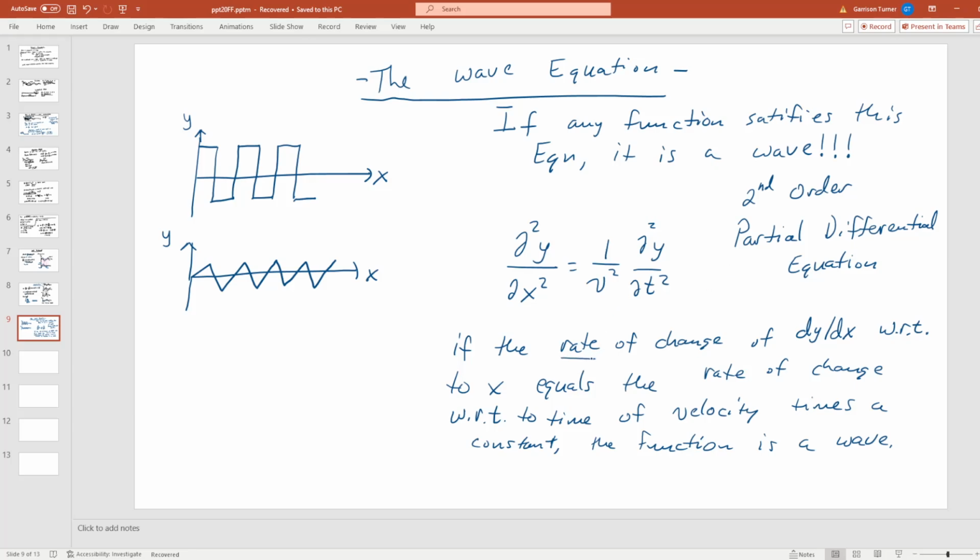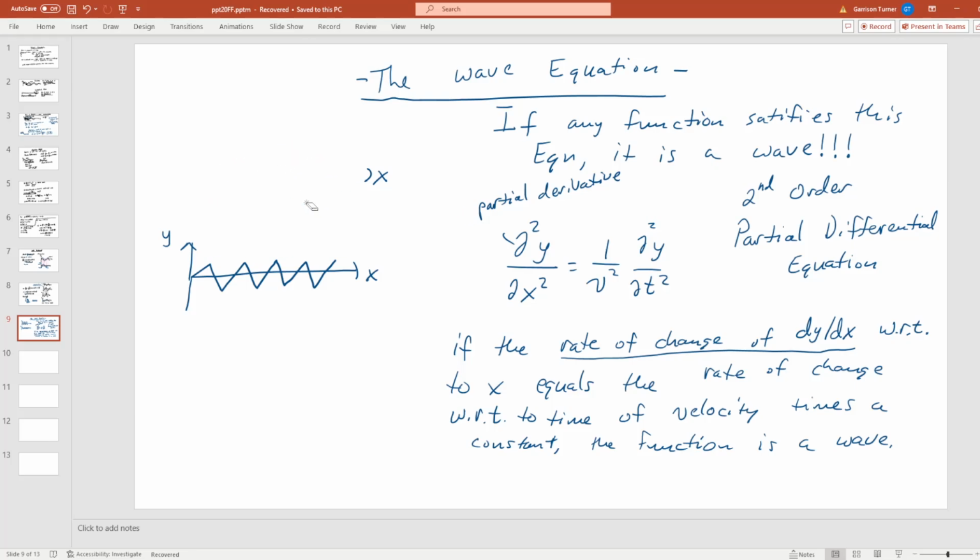If the rate of change of your spatial derivative, so I take now, okay, so this symbol right here is a partial derivative. And what a partial derivative does, let's get rid of our square wave. That's what I was trying to think of.